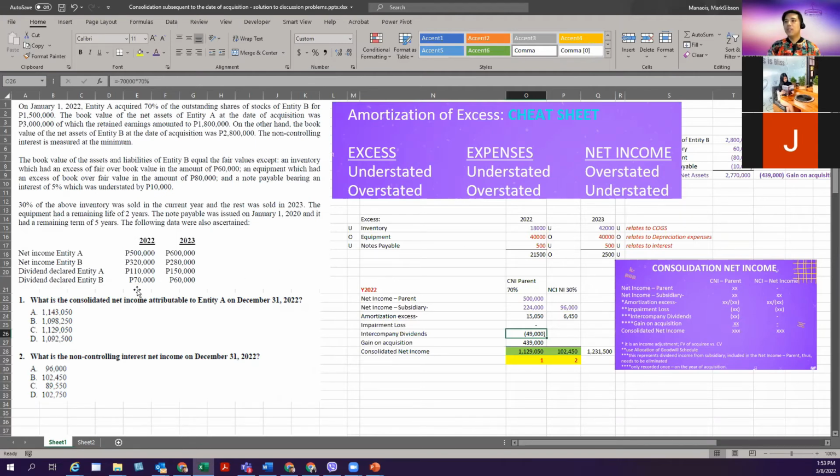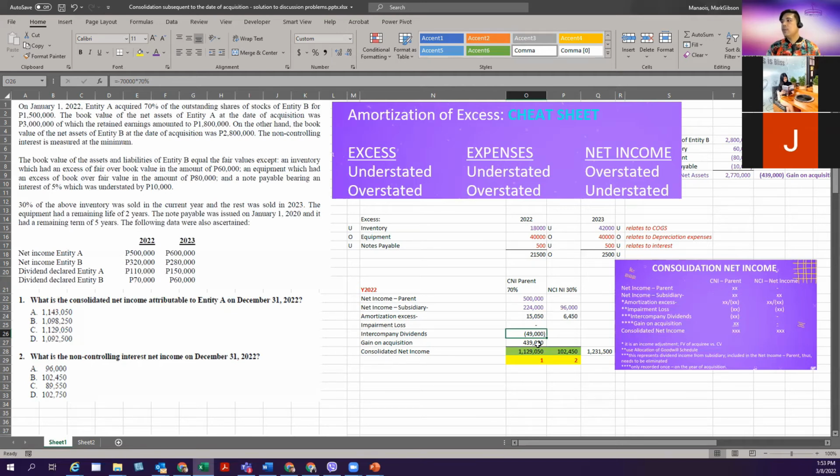How much is the dividend declaration? 70,000. What is the parent's stake? 70%. So 70,000 multiplied by 70%. We deduct this so the dividend income is not double taken up.